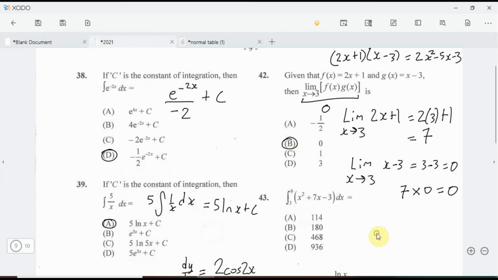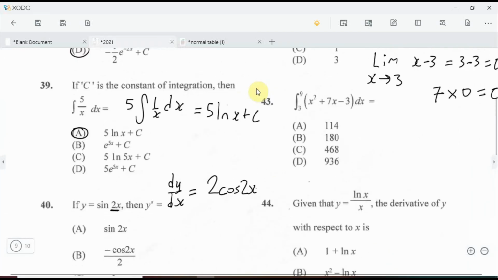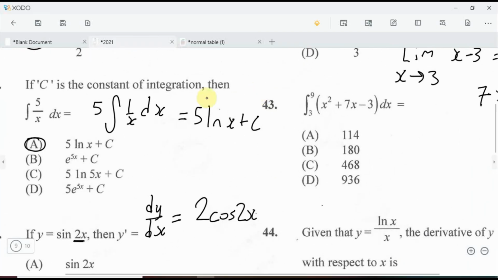Cool. Question 43. Question 43 asks us to evaluate the integral from 3 to 9 of this expression here. So first, add 1 to the power: x cubed over 3 plus 7x squared over 2, then we have minus 3x. And we're integrating from 3 to 9. So now we just need to input 9 in this here.